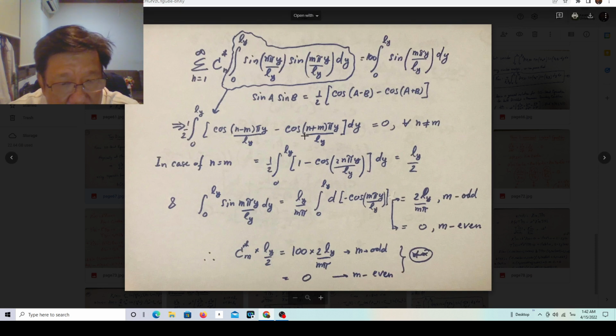For the left hand side here, you substitute here, equal to, if you really consider this cos and this cos minus integral, and for all n with n not equal to m, both terms are going to have a non-zero angle for the cos function.